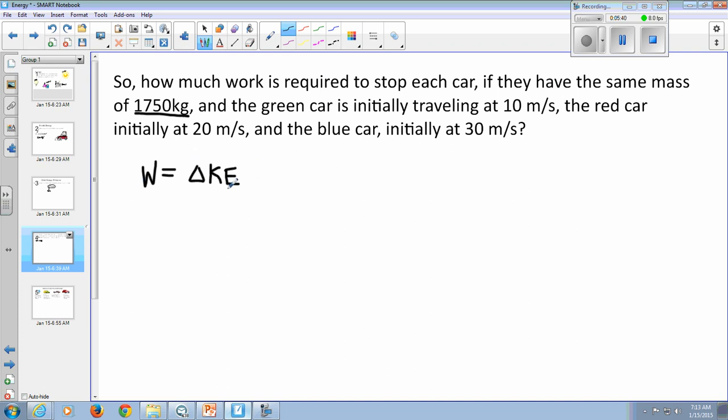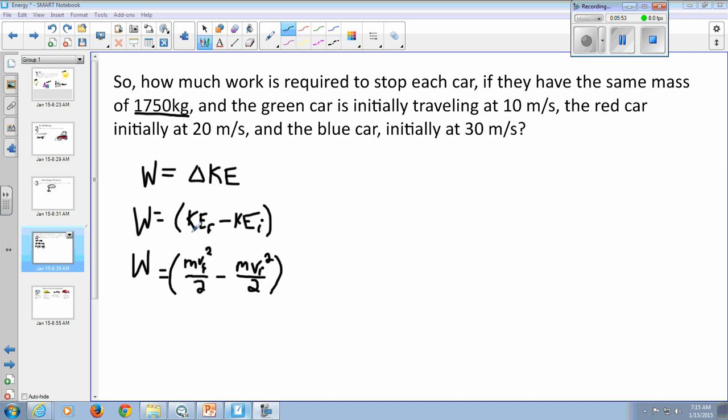Change in kinetic energy is simply whatever the final kinetic energy is minus the initial kinetic energy. And we can expand on this equation further and say m v final squared over 2 minus m v initial squared over 2.